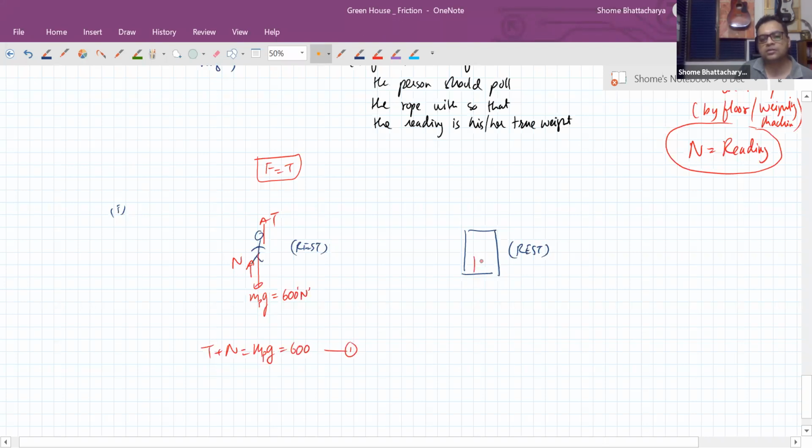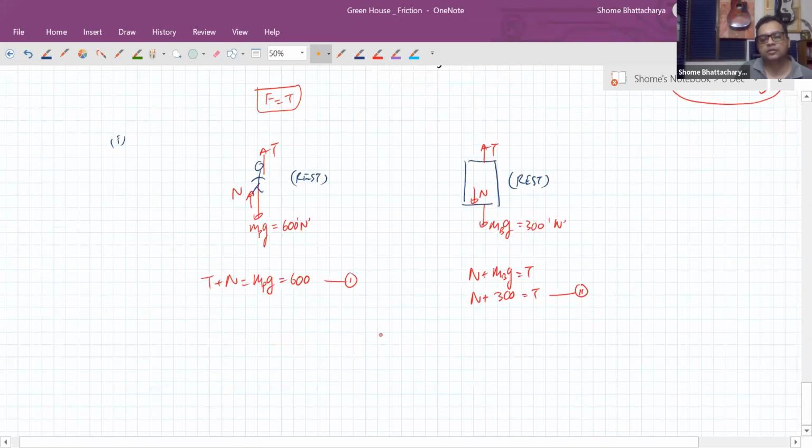And on the box, normal reaction acting, tension acting, and its own weight. So N plus weight of the box has to be equal to tension. So N plus 300 newtons is equal to T. So this is your second equation.